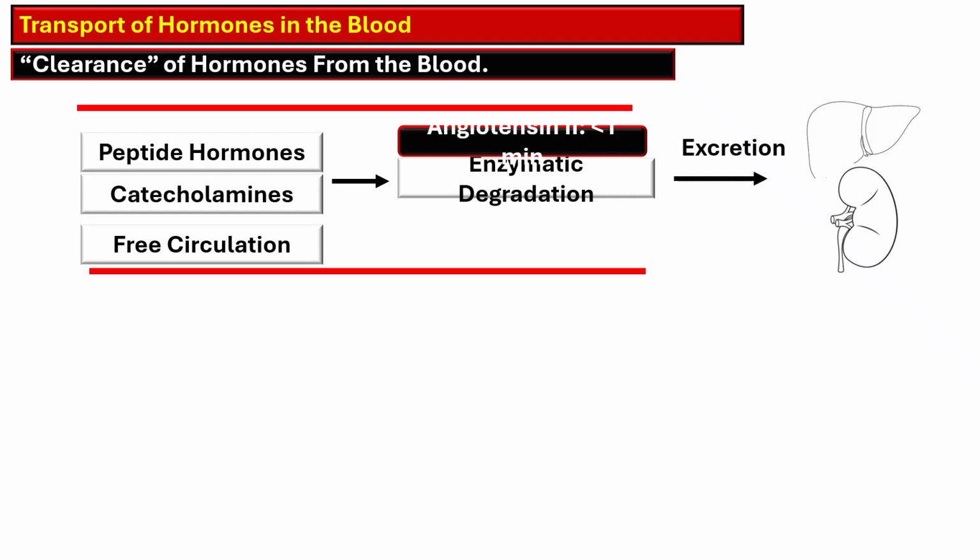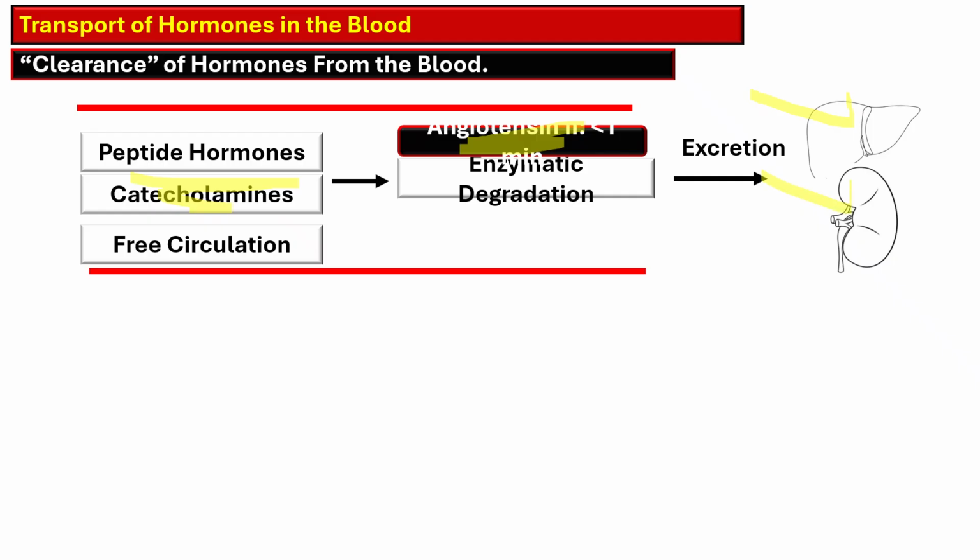Most of the peptide hormones and catecholamines circulate freely within the blood because they are water soluble, and they are degraded by enzyme action and then excreted by the liver or by the kidney.